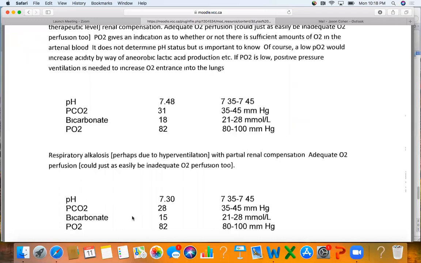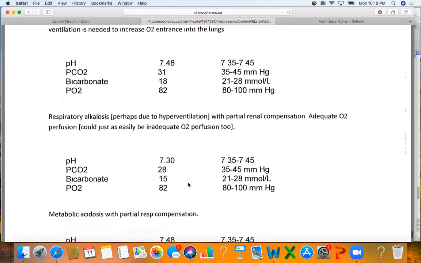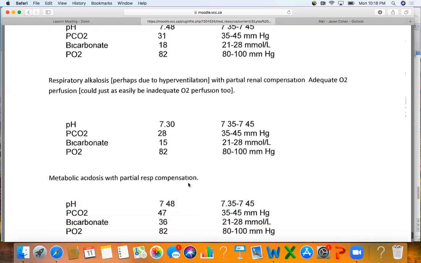But the point is it's low, pushing us towards acidosis. So we've got metabolic acidosis with partial respiratory compensation. So your person here might be hyperventilating and blowing off excess CO2. So metabolic acidosis with partial respiratory compensation.